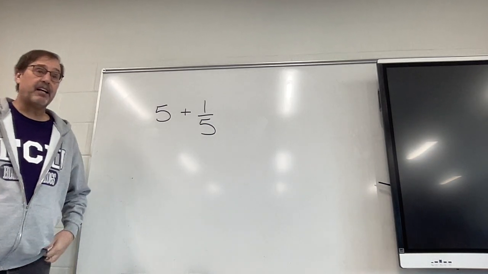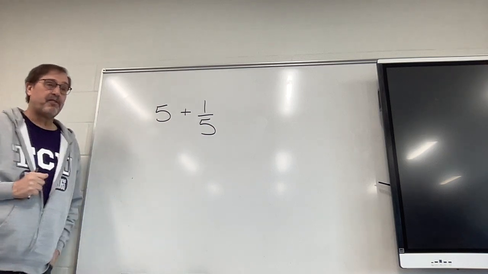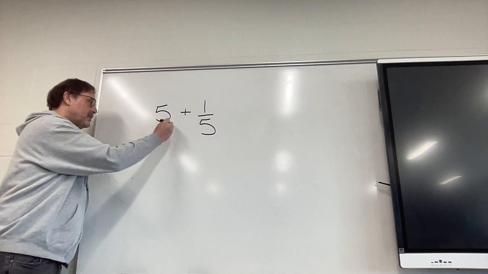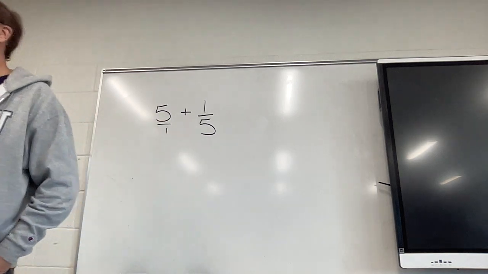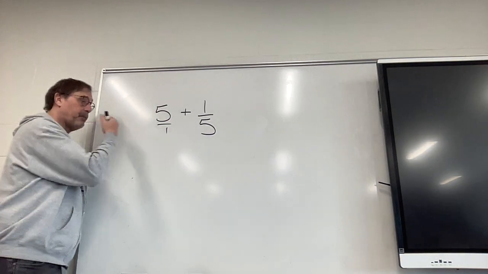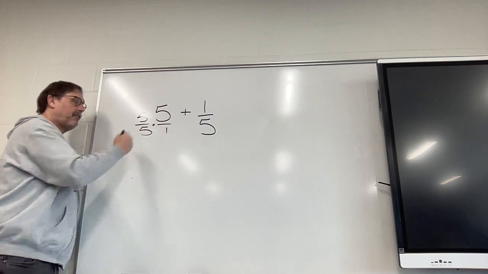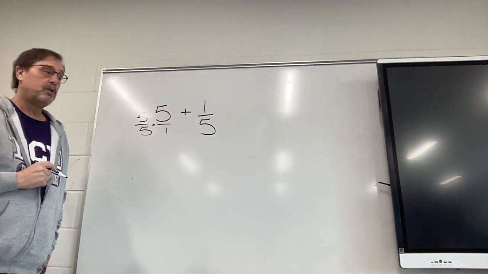Everybody, what is the denominator of this 5? We need common denominators. I have to multiply this by 5 over 5 because 5 over 5 has a value of 1.